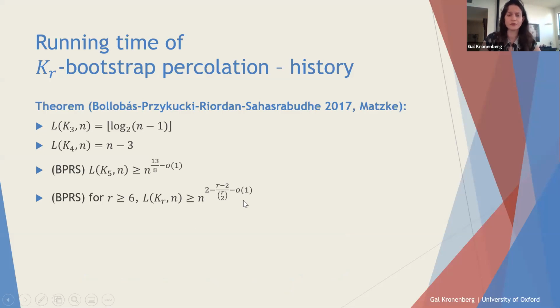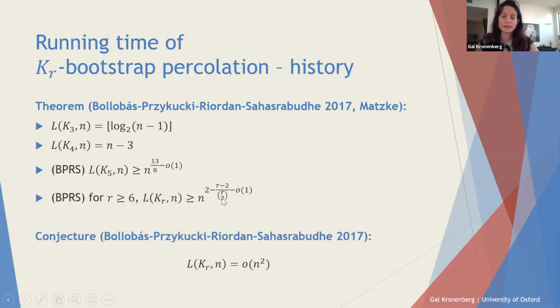So for those of you who are familiar a little bit with graph bootstrap percolation, maybe it rings a bell, because this looks like the threshold for graph bootstrap percolation when we start with the random graph, and it is connected because they did use some probabilistic methods to prove this lower bound.